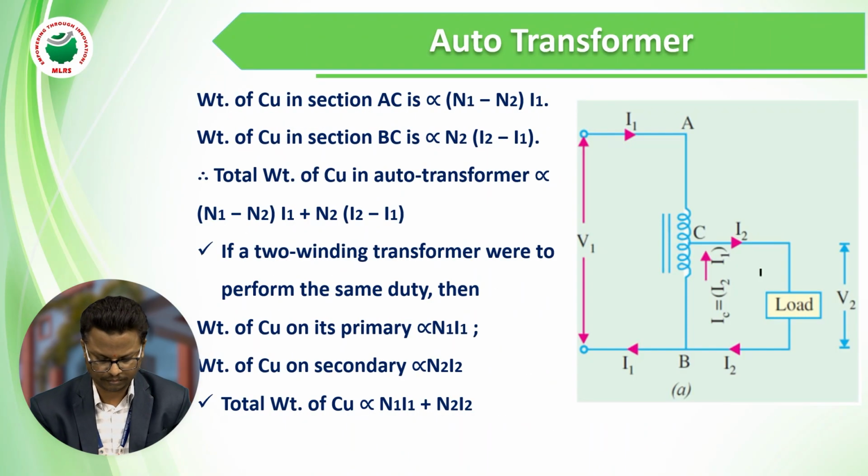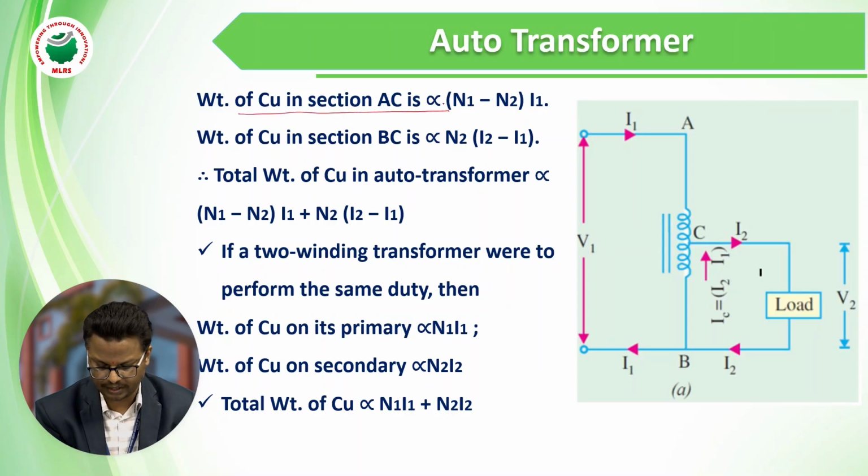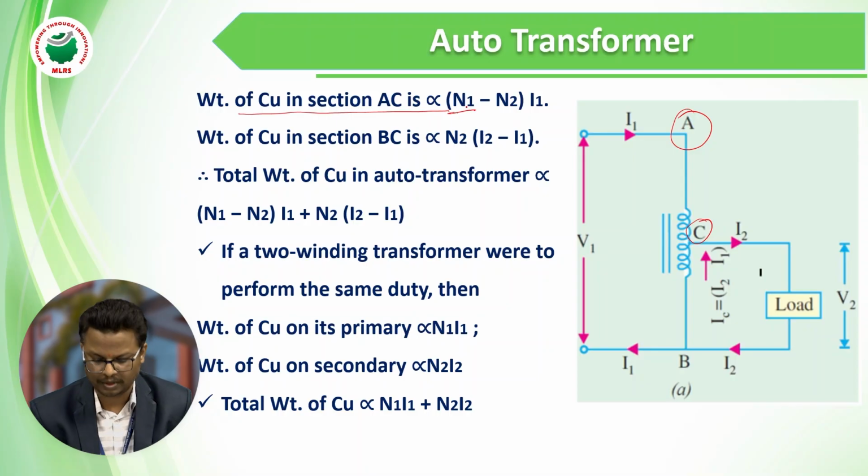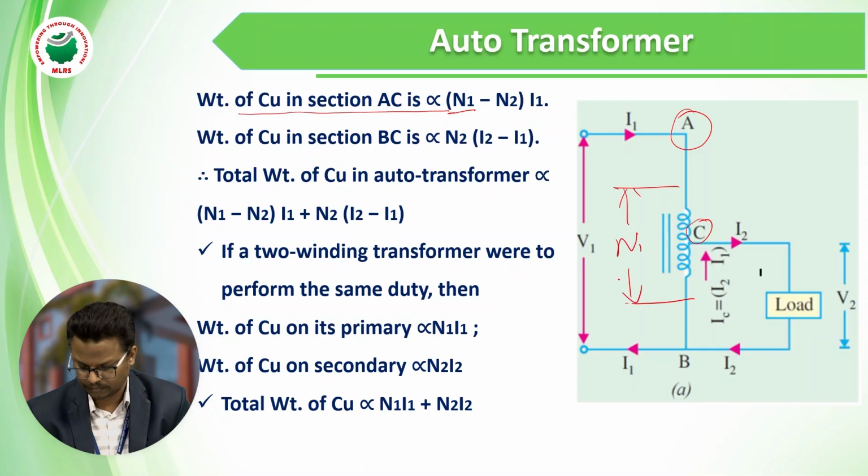So see here, the weight of copper in section AC. This is AC, here we have A and this is C. The total number of turns is N1. From this total N1, here we have N2.